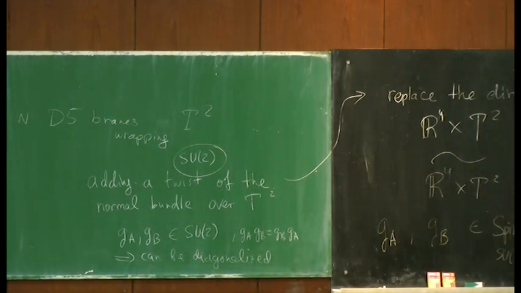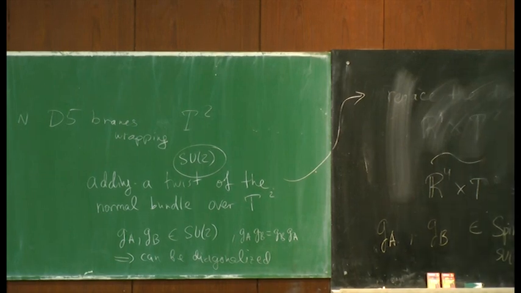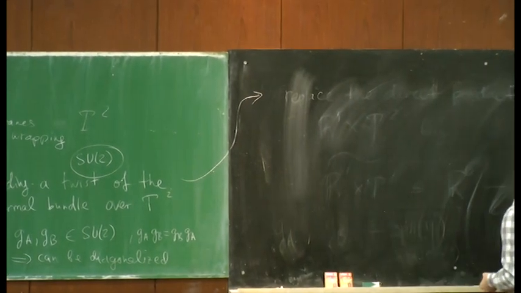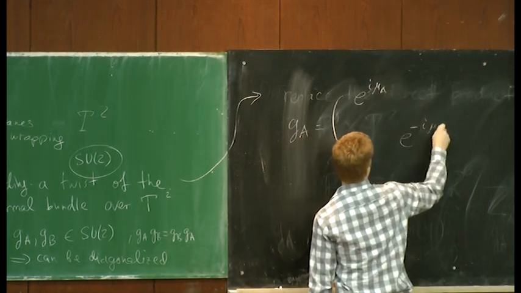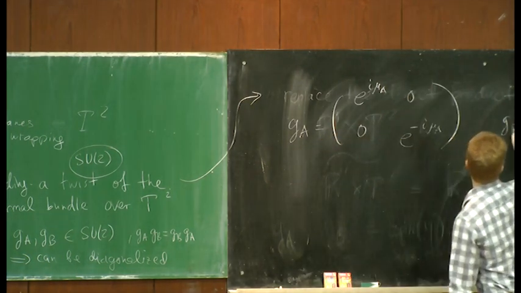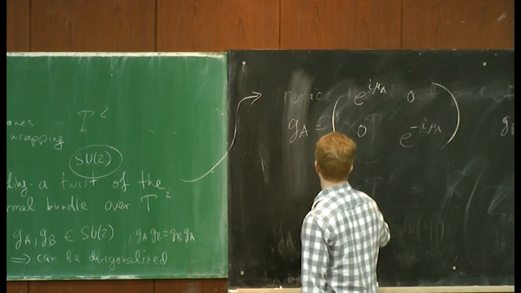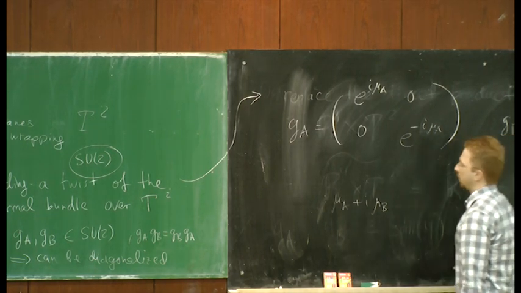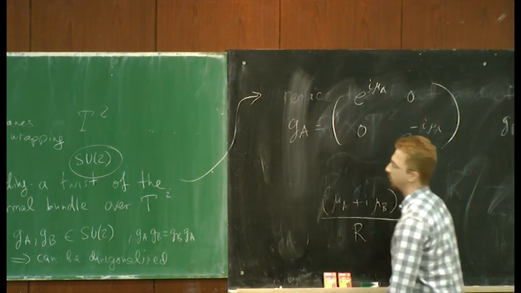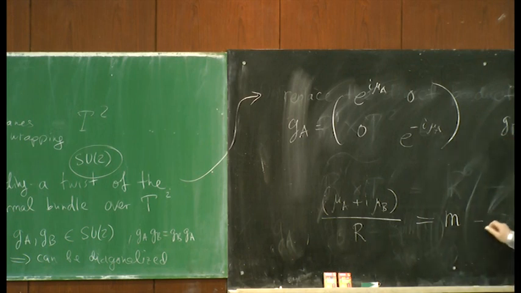And so there are actually two real parameters in this twisting procedure, which are the eigenvalues of these two matrices, and eventually, something like the complex linear combination mu_A plus i mu_B divided by something like the radius or the square root of the area of this torus becomes a mass parameter. So this is a complex mass.